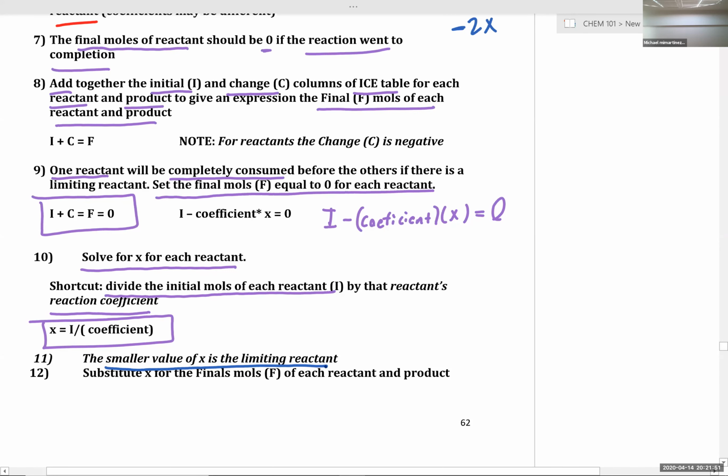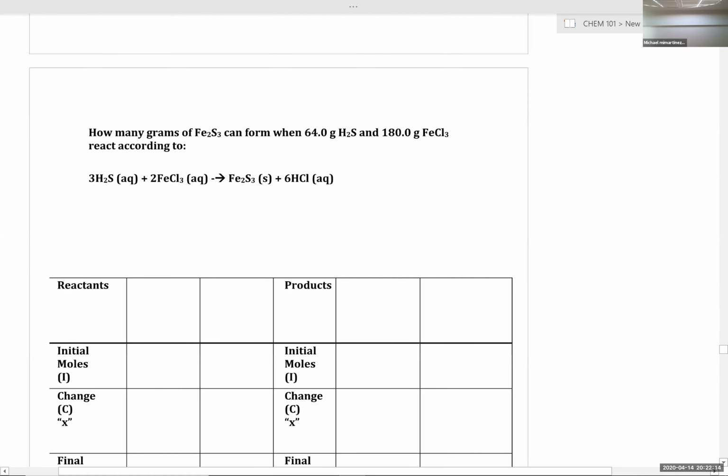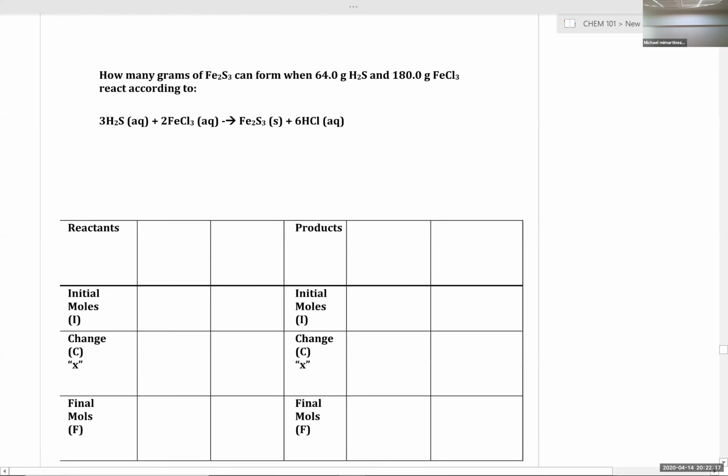Now, once you've solved for X, for example, X is equal to 0.5, you're going to substitute X into the final moles expressions for each reactant and product. Now, this is the mechanics behind the ICE table, and it may be a little hard to grasp just from this step-by-step procedure. So let's apply this step-by-step procedure to the following problem.